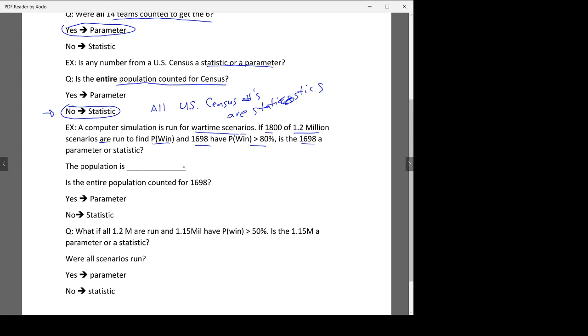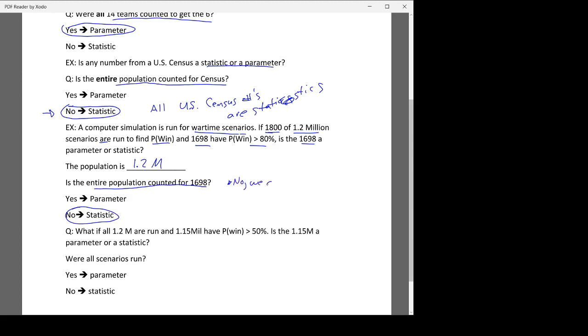The first question is, what's the population in this? Just look for the biggest number. The population is 1.2 million. Is the entire population counted? Did we look at all 1.2 million scenarios? It says no, we only ran 1,800 of them. So that means that the 1,698 is a statistic.